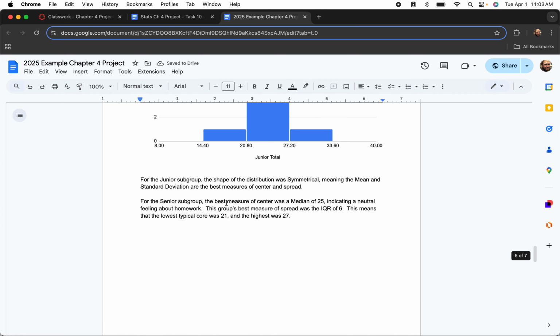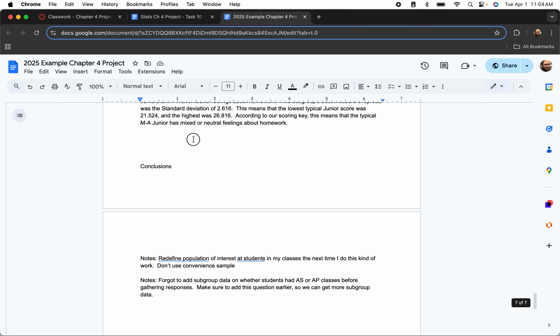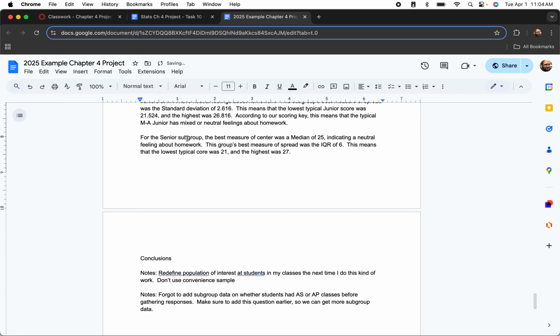And then finally, the seniors had a median value, which again kind of fell into my neutral results.